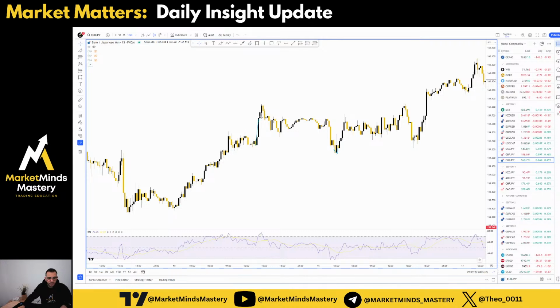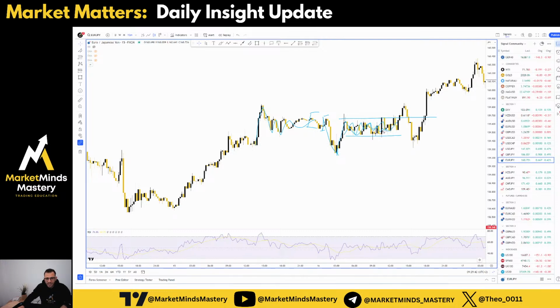We start from here. That was, let's say, somewhere here, the beginning of the Tokyo session, or the Asian session. Price dipped down, then it started moving sideways, created this range here, the sideways move.